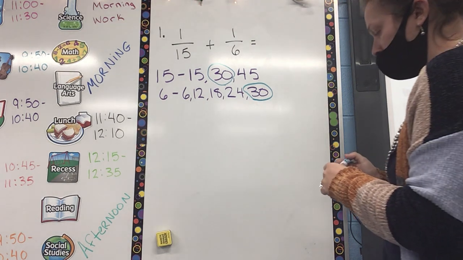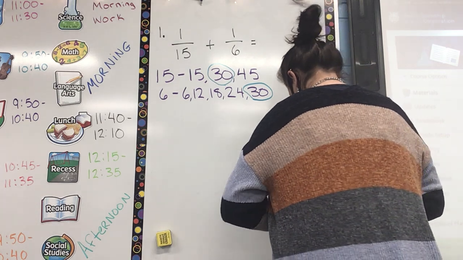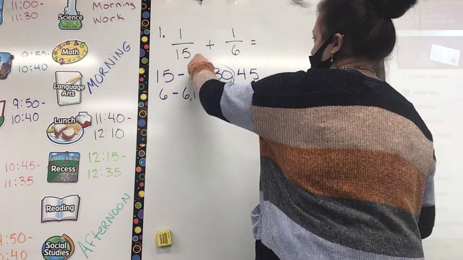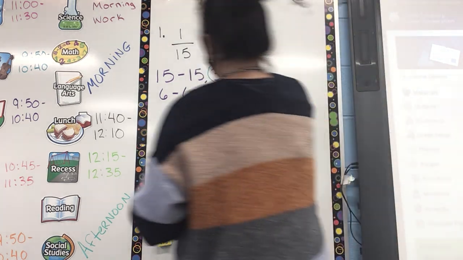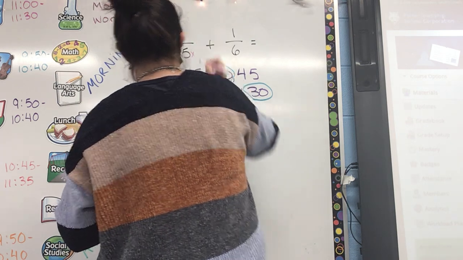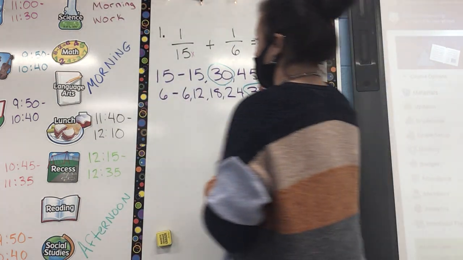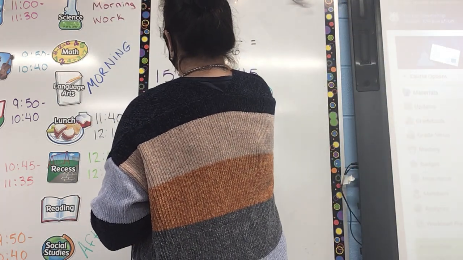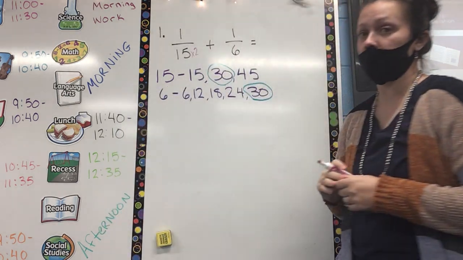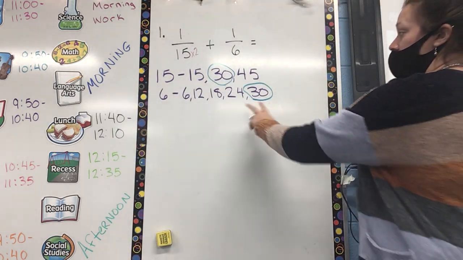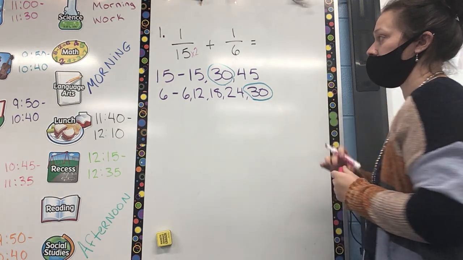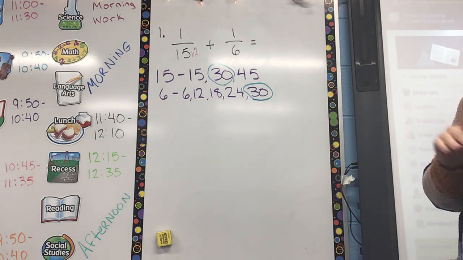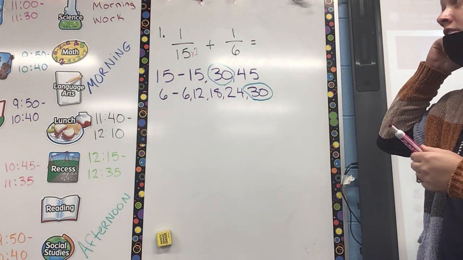So how do I change this 15 to a 30? I'd have to multiply it by what? 15 times 2. 2 would give me what? 30, and that's what I need it to become, 30. Now we know that we have a jealous sibling here, that 1 is jealous.